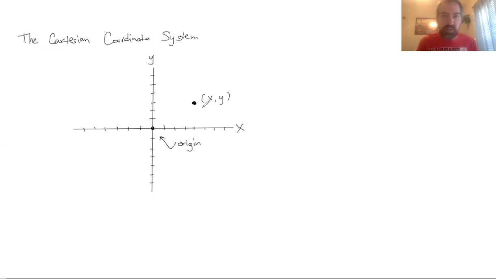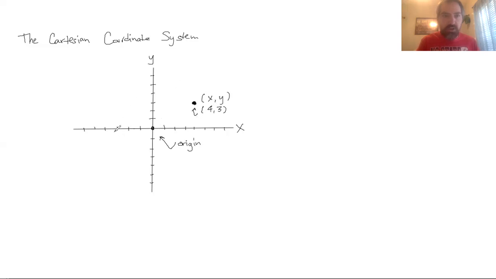So in this case, our x value is 4, and the y value is 1, 2, 3 units above the origin. And so this point would be referred to as an ordered pair (4, 3).